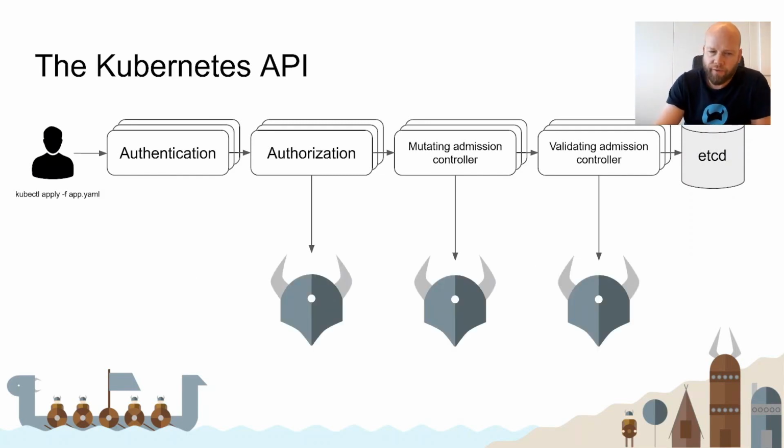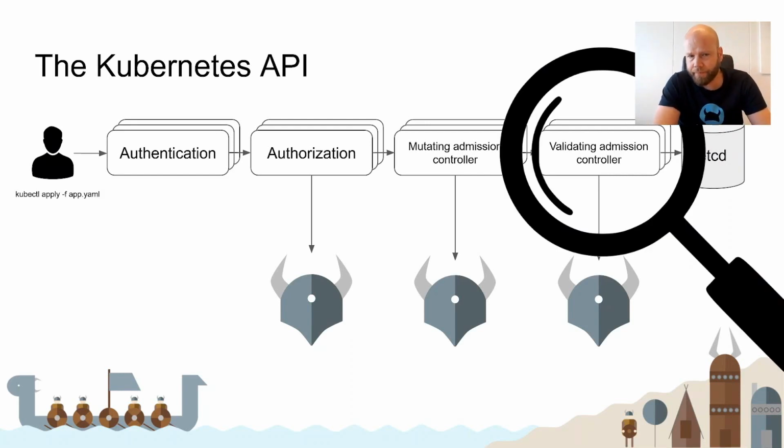And OPA doesn't do authentication. But authorization, mutation, or validation is all valid for OPA to work with. And the use case we're going to look into closer now is the validating admission controller.